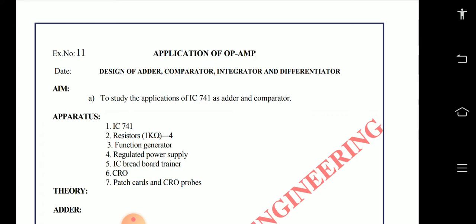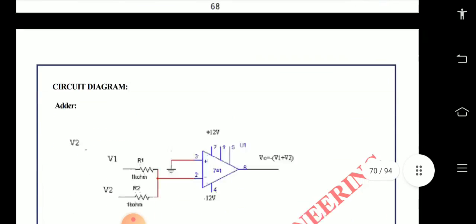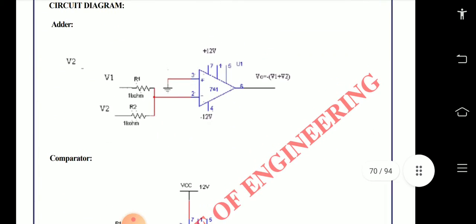Here we have mentioned the inputs as V1 and V2, and the input resistances. Let me consider this circuit diagram. Here we have the input voltages V1 and V2, the input resistances R1 and R2, and in some cases we have the feedback resistor RF in your circuit diagram.